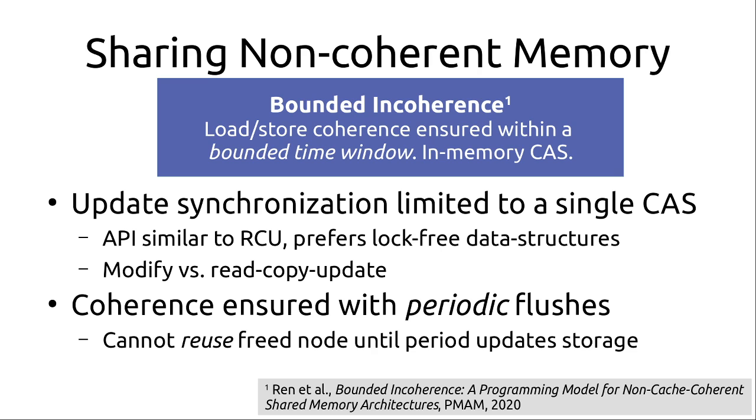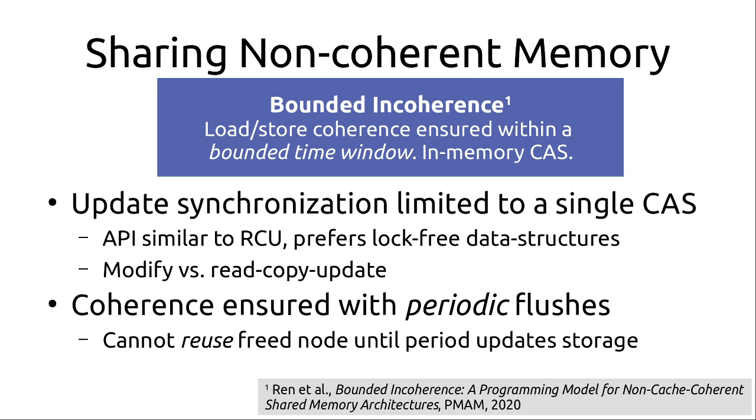So how do we do this? There are a few assumptions that we make, and we implement the operating system around these assumptions. One of them is that we essentially update our synchronization. The update synchronization is limited to effectively a single compare and swap using that in-memory cache. So when two nodes need to coordinate with each other to allocate some resource, they need to effectively serialize the entire operation, the entire synchronization, into a cache.